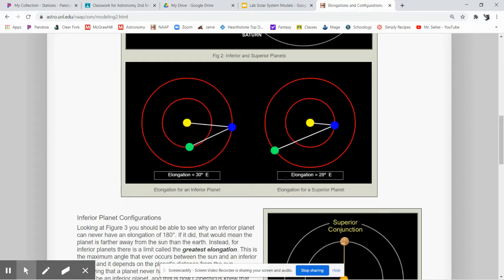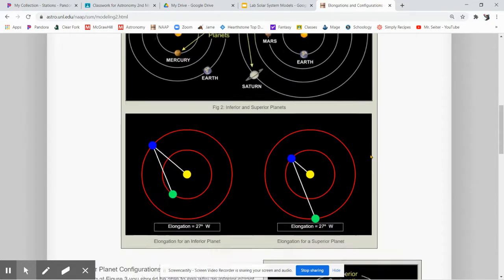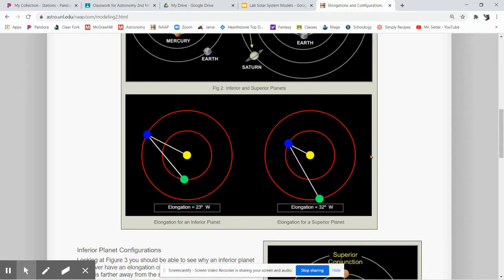All right. Now over here, on a superior planet, we're about to come to conjunction. Conjunction. We don't have inferior conjunction like we do with the other kind. It's a little different over here, just conjunction. Now look, notice this does not have a very great elongation compared to this.